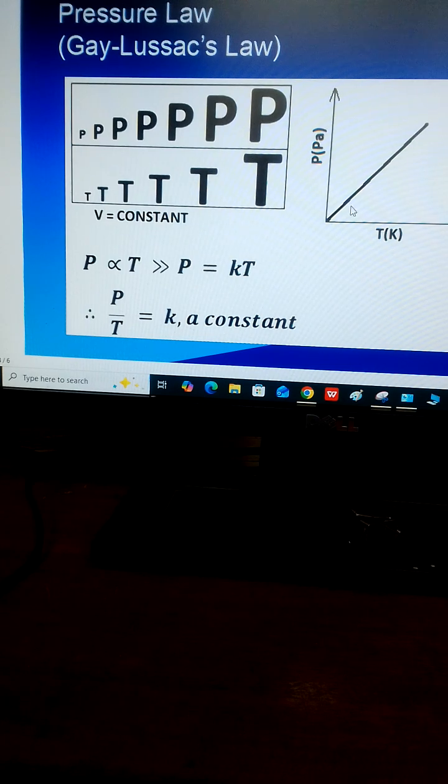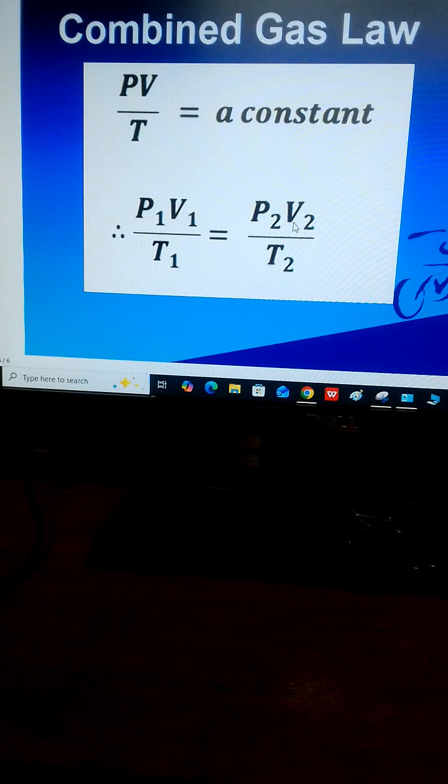From the graph, we can see that as pressure increases, temperature also increases. That is the pressure law. And finally, we have the combined gas law. We combine the three laws into one, where P times V over T is a constant. Pressure times volume over absolute temperature is a constant.